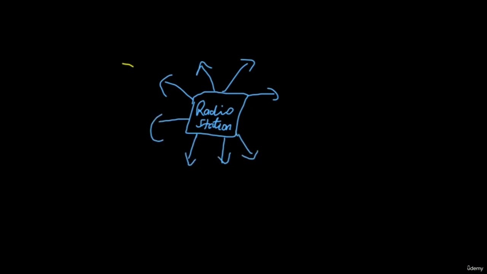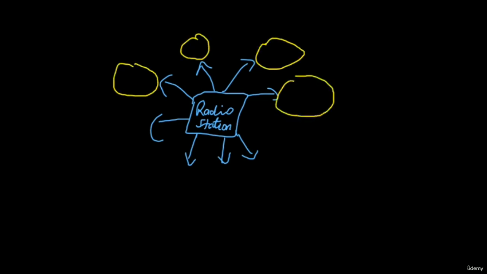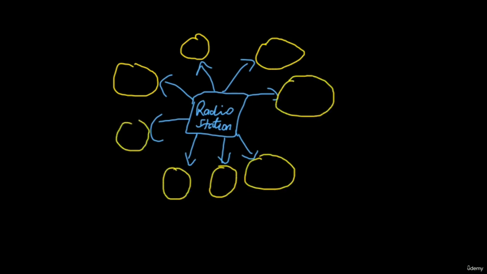Whoever needs that or calls for that, that person or that instrument specifically is going to get the information from you. So this is the kind of broadcast. You are broadcasting through your network and you are the center of it.